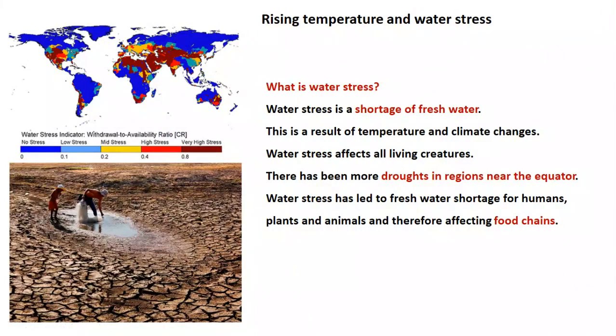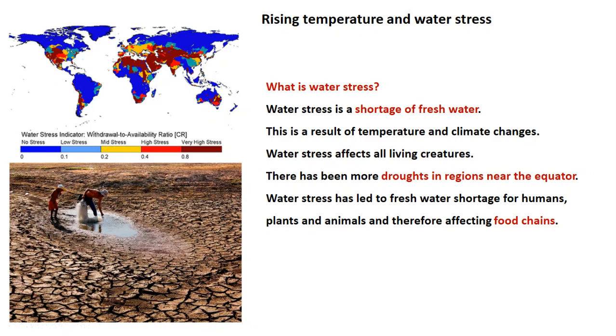Another effect of global climate change is rising temperature and water stress. So again, I've put a photo here of the Earth. The blue means that there's no water stress there, where the dark brown stands for the highest water stress. Water stress is the shortage of fresh water. Why is it happening? It is the result of temperature and climate changes. So if temperature increases, there's less fresh water, and therefore that's what we refer to as water stress.